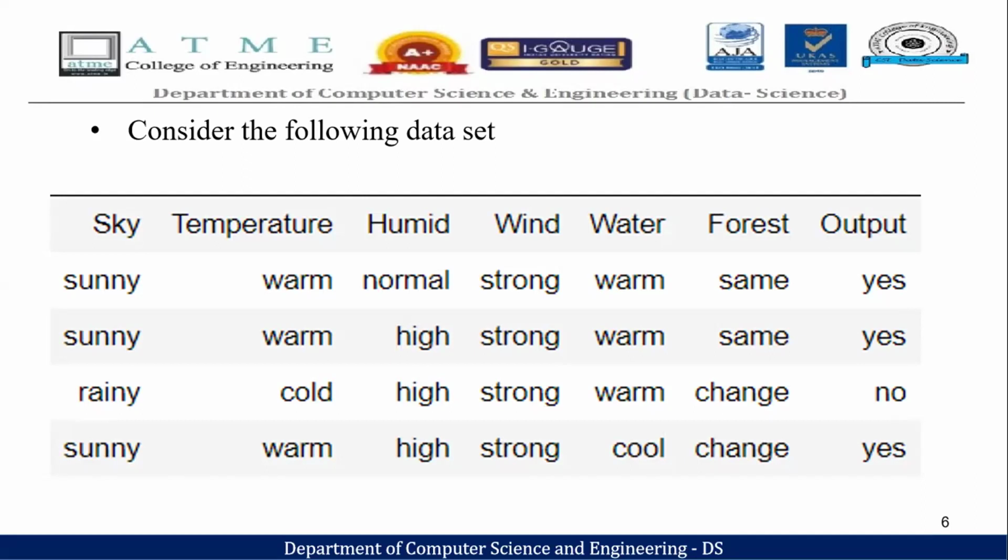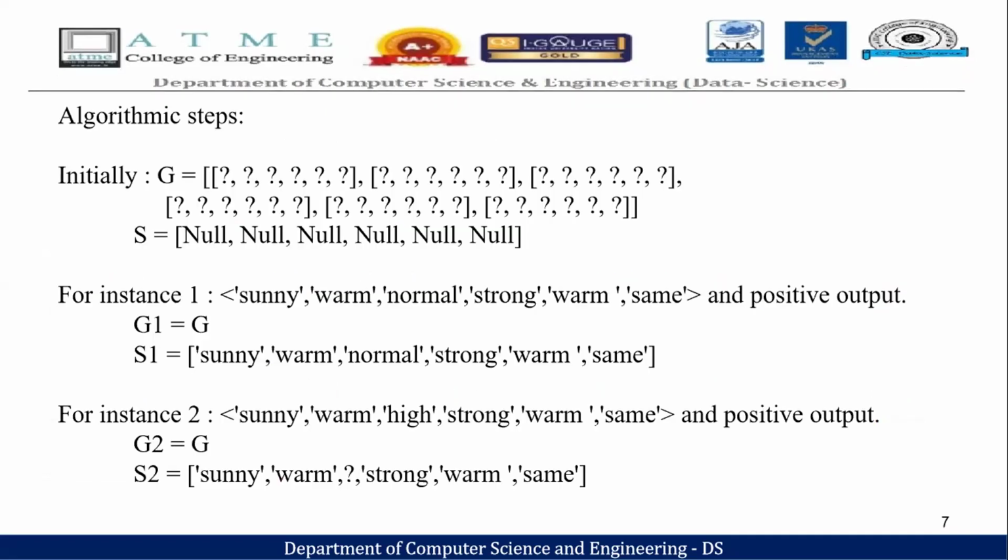And next, humid is high, in the second example also it is high. Wind, in this third example it is strong, and also in the second example it is strong. And when it comes to forecast, it is changed, and in the second example the forecast is same. Yes, that value you should make more specific.